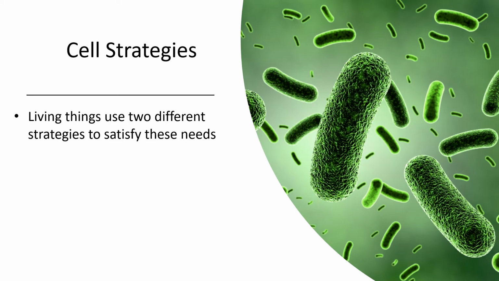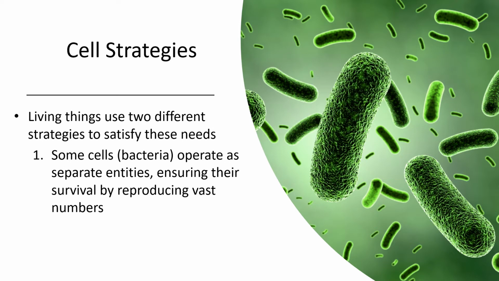Now, there are lots of different types of cells, and they're going to have different strategies. So living things are going to be able to satisfy their needs in different ways. Some cells, which we're going to mainly focus on, things like bacteria, are going to operate as individual cells. So they're all by themselves. They are single units. They do not live together and function together.